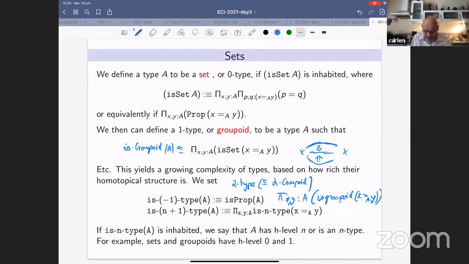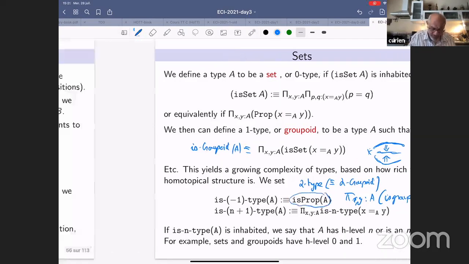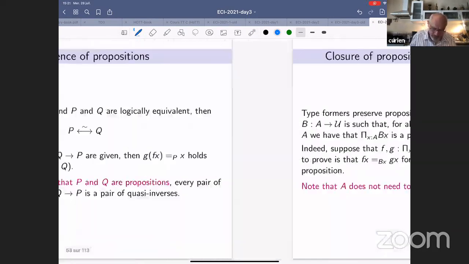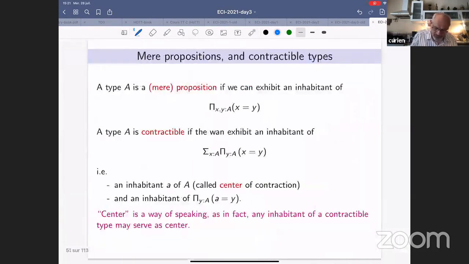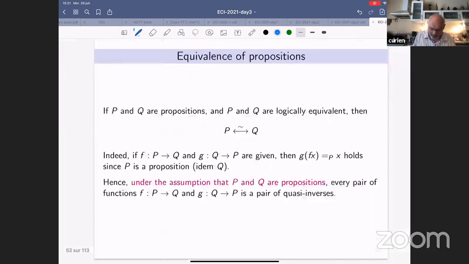So I hope you get the idea that if we continue in this way, you start with something called the -1 type, which by definition is isProp of A, so that was my starting point here.